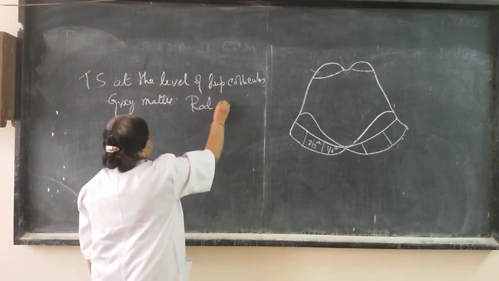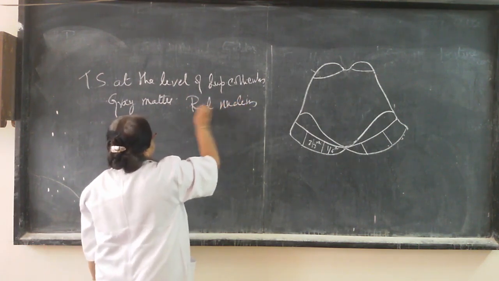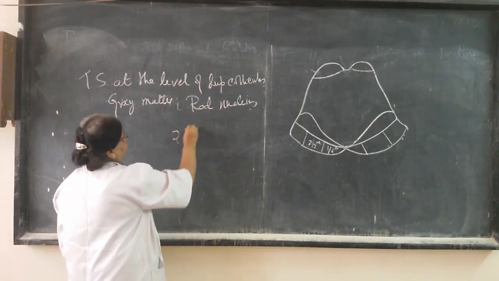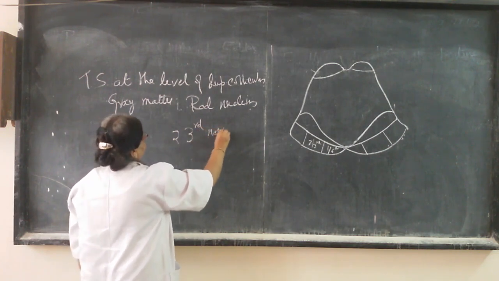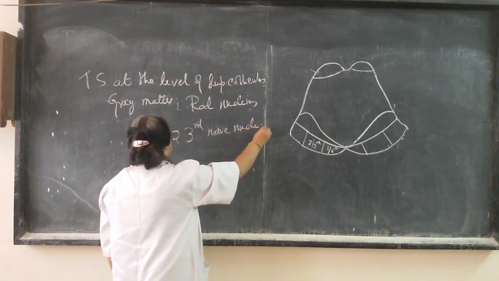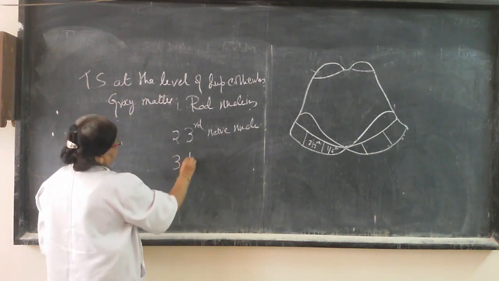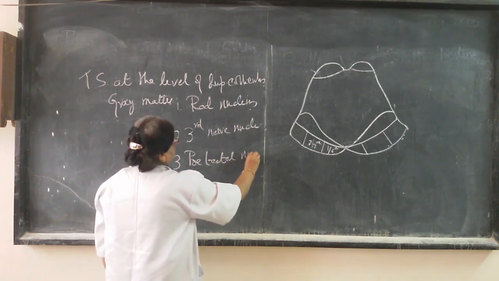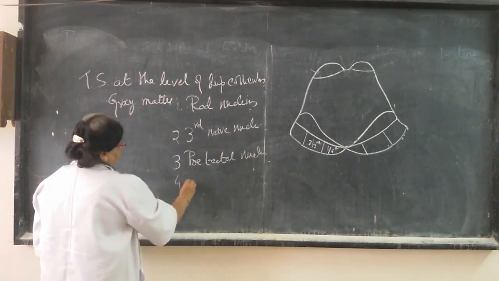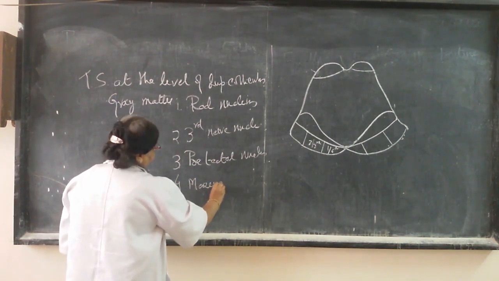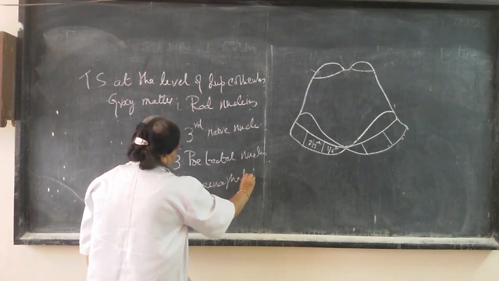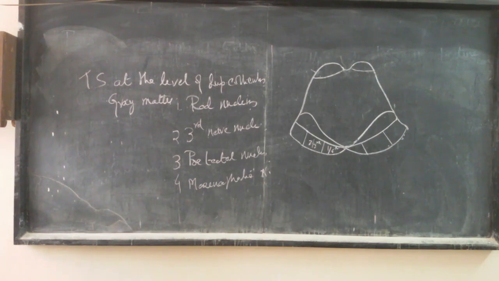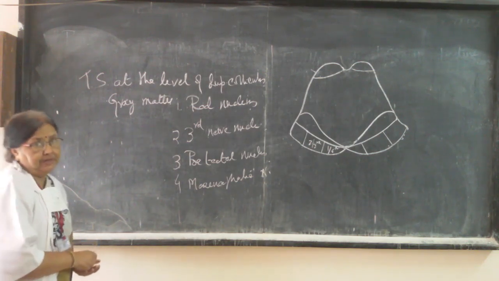They are the red nucleus, third nerve nucleus, the pretectal nucleus, and mesencephalic nucleus.